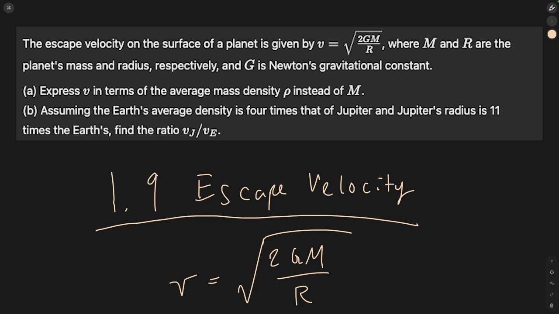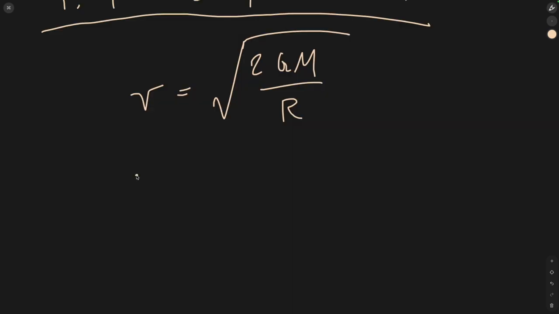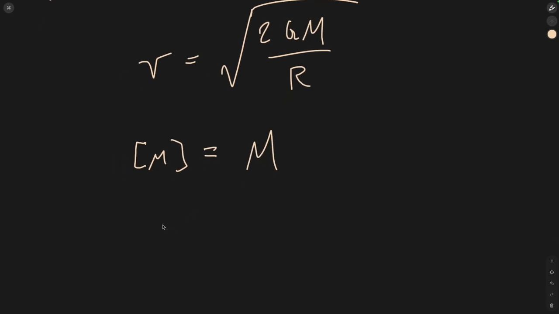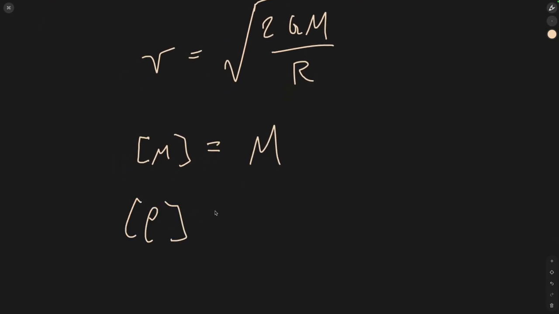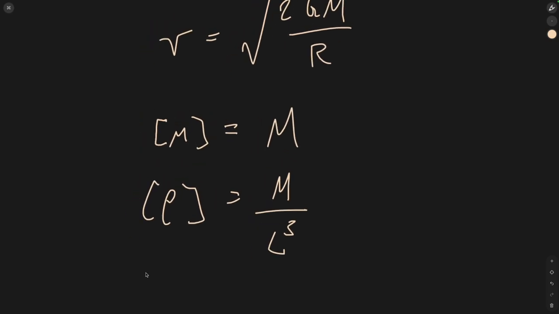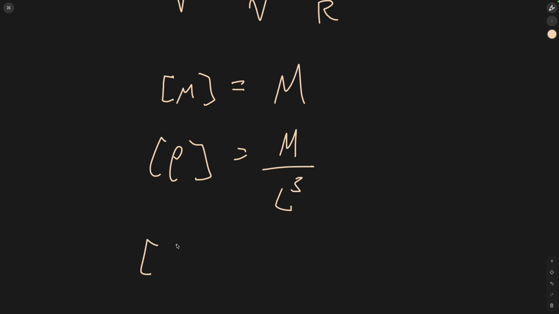So that's your hint for part A. The units of M are mass, and the units of rho is mass over length cubed. The units of G is, as we've seen earlier, L cubed over m t squared.